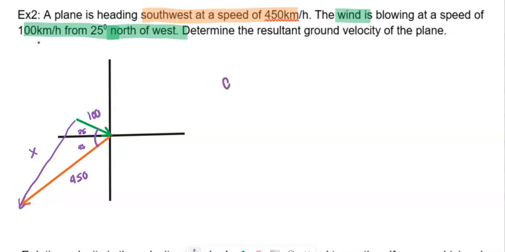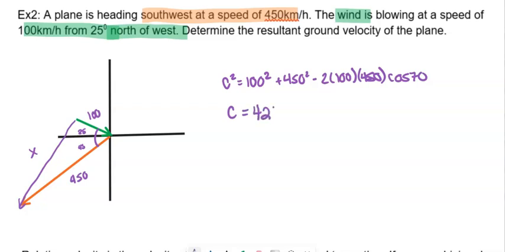So now I just use cosine law. The hardest part of these problems absolutely is setting up the diagram, because after you have it set up, every time it's only cosine law or sine law. Okay, so solving with cosine law, I get 426.